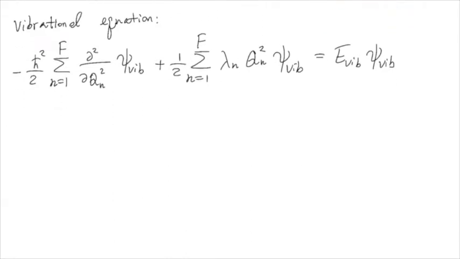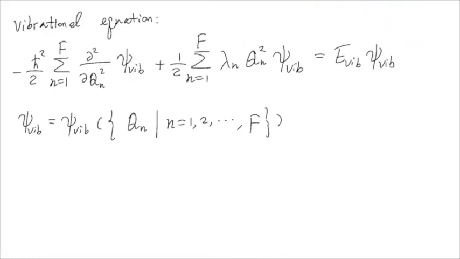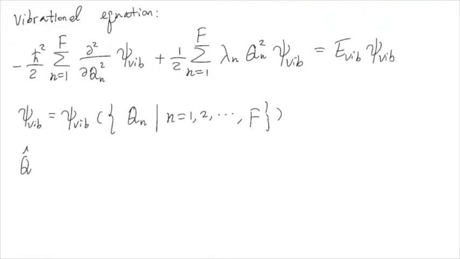So here, the vibrational wave function for the overall molecule is actually a function of the normal coordinates Qn. N, again, goes from 1, 2 until 3N minus 6 or 3N minus 5. And quantum mechanically, Qn is just the coordinate, and in the coordinate representation, the operator Qn is just Qn itself.